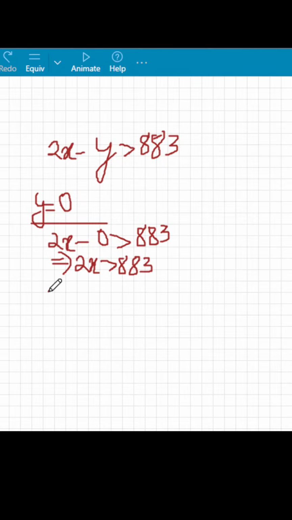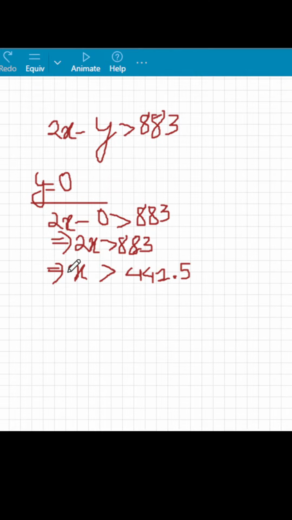So that means x is greater than 883 by 2. So 883 by 2 will be 441.5. So this should be the value of x.